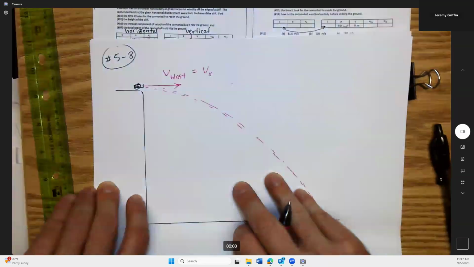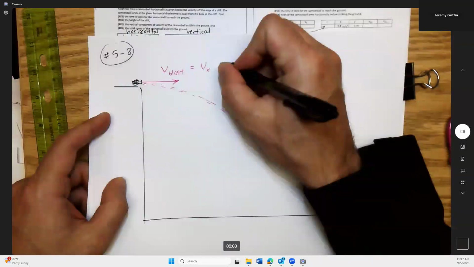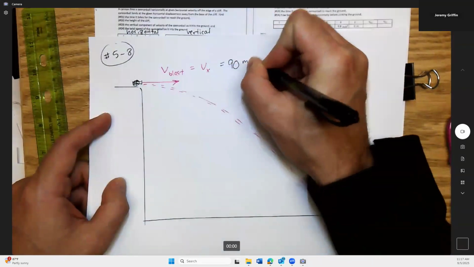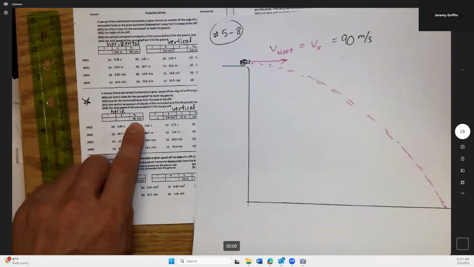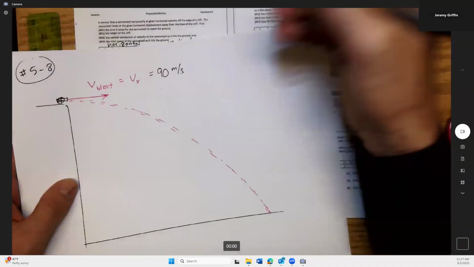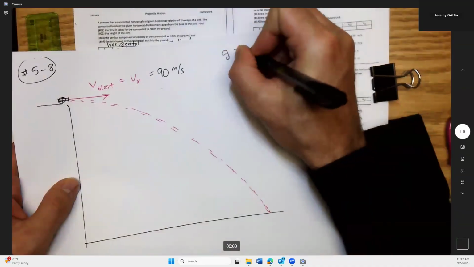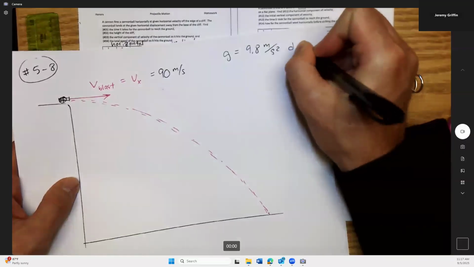Now, on my paper, it says this value is 90 meters per second. It's probably different on your paper, but I'm getting that from right here. This is v sub x. I gave you guys acceleration, so g equals 9.8 meters per second squared downward.